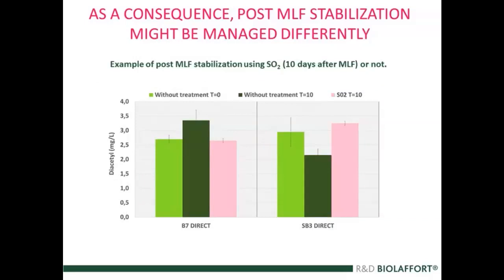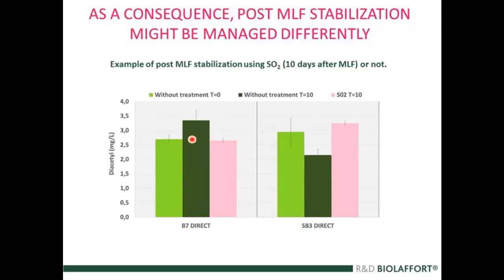Let me be a little more clear. Here you have a graph with the two different strains, again B7 and SB3, and the diacetyl amount just after malolactic fermentation and 10 days after malolactic fermentation, whether this wine has been stabilized with SO2 or not.